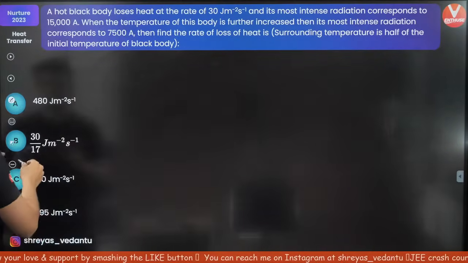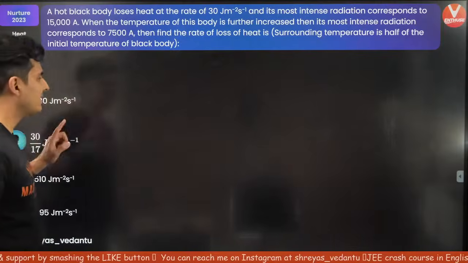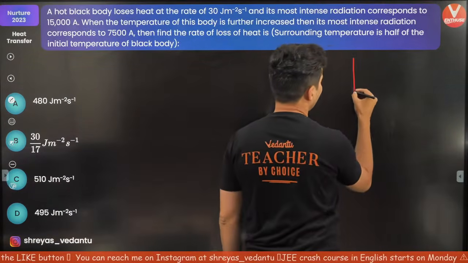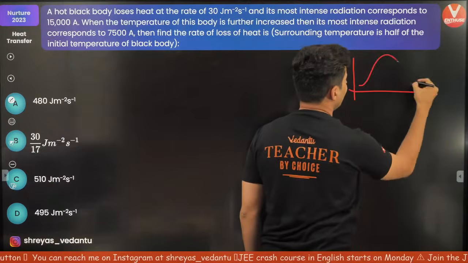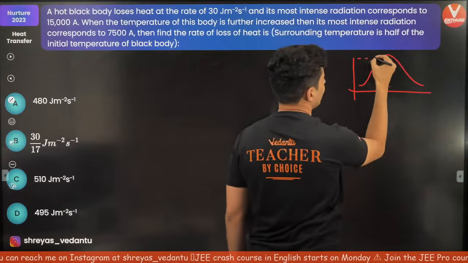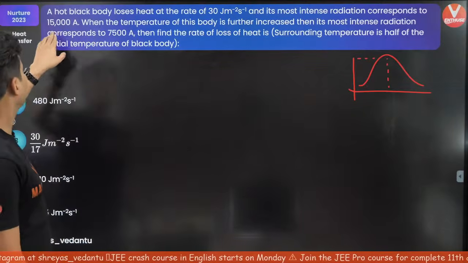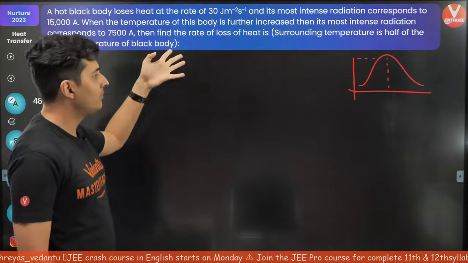Very good question. Multiple laws are involved. Let's start one by one. According to the question, the lambda max occurs at 15,000 Angstrom at a certain temperature.